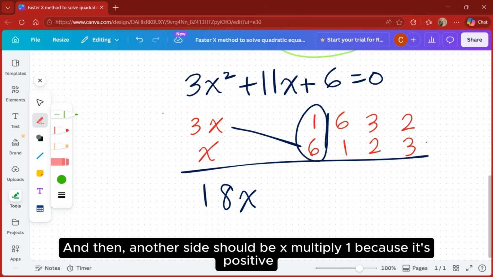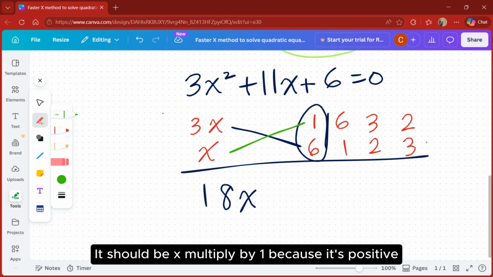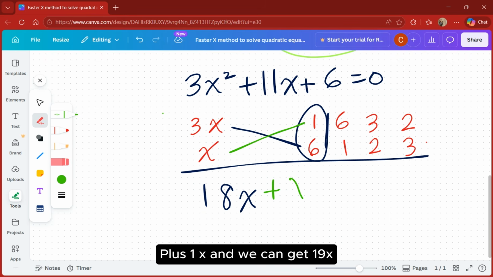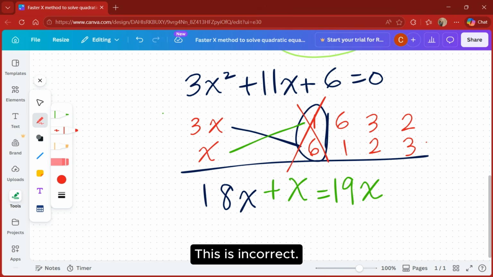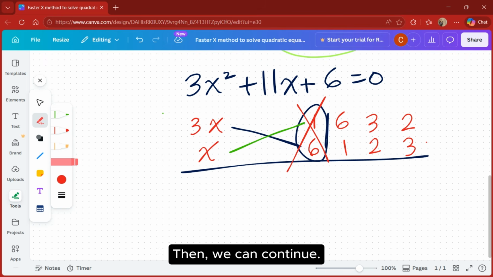And the other side should be x multiplied by 1, because it's positive, plus 1x. We get 19x. But this number is not 11x. So we cancel out this set. This is incorrect. Then we can continue.